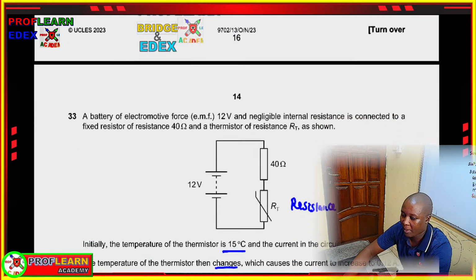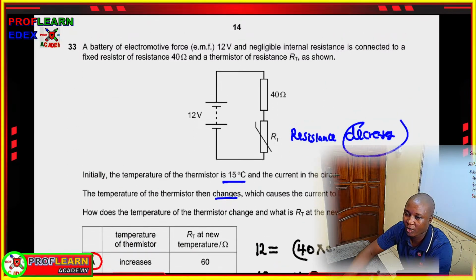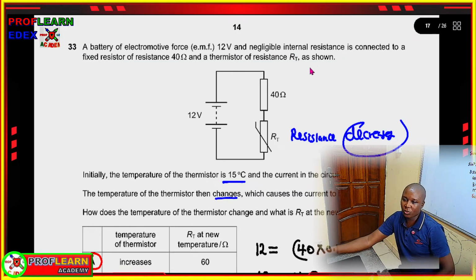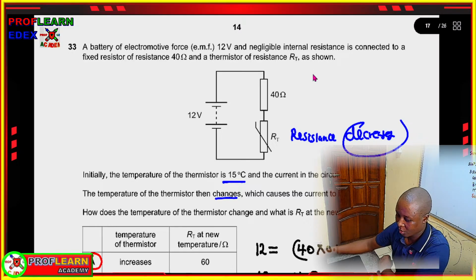Moving to question number 3, we are told that a battery of EMF 12 volts and negligible internal resistance is connected to a fixed resistor of 40 ohms. The thermistor RT is as shown there.